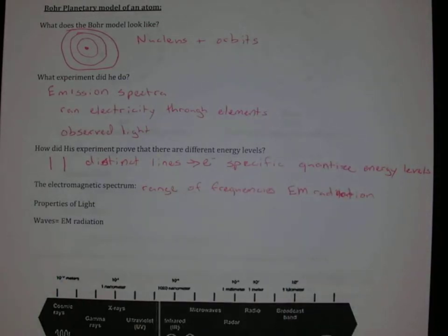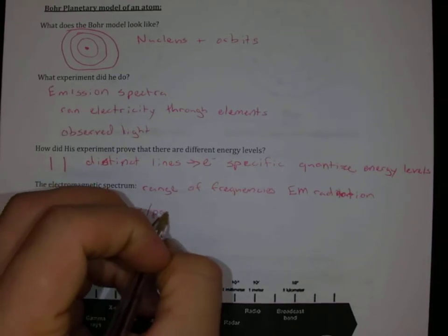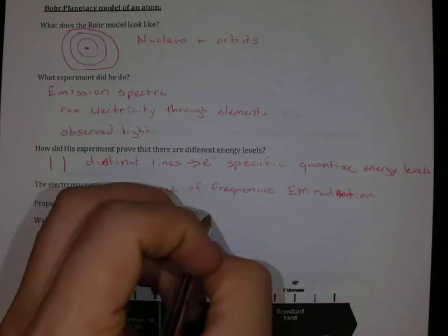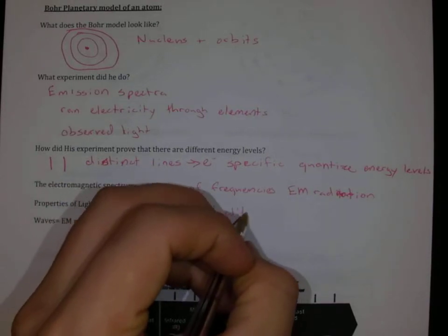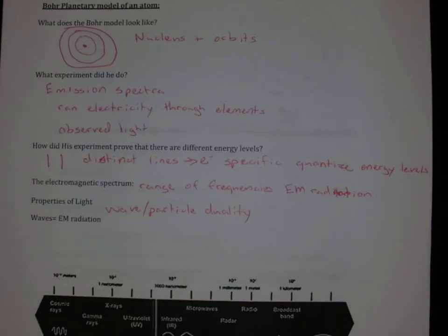So our properties of light, what we need to know is that we have kind of this wave-particle duality, okay? This is why we're able to kind of release the energy off from our electrons without really giving up much, okay? Because it's kind of a wave, okay?